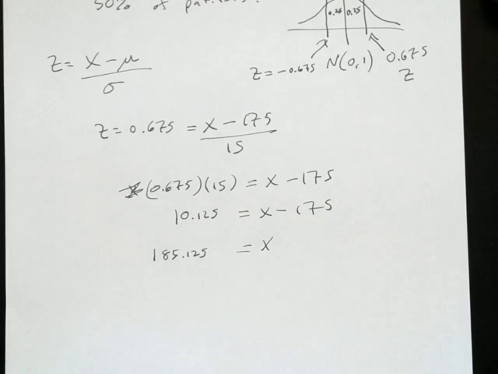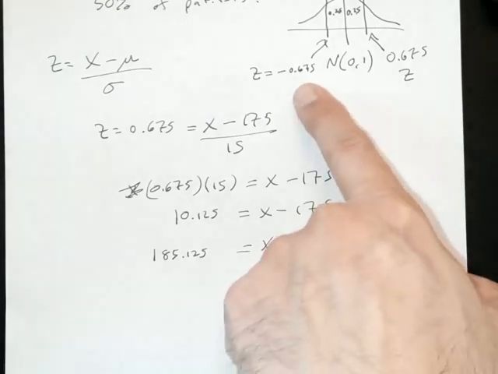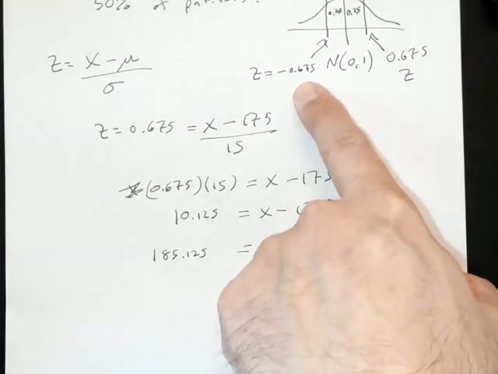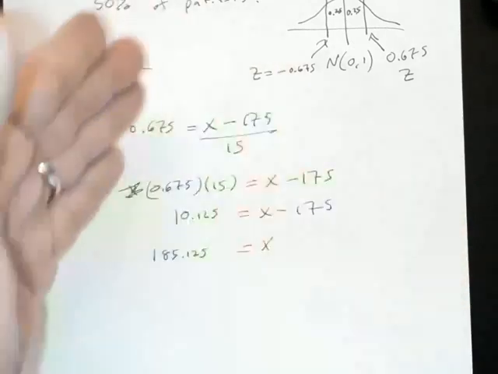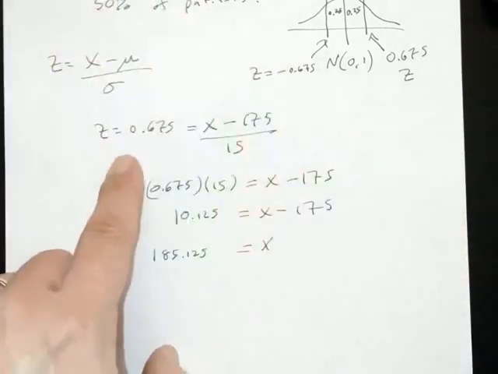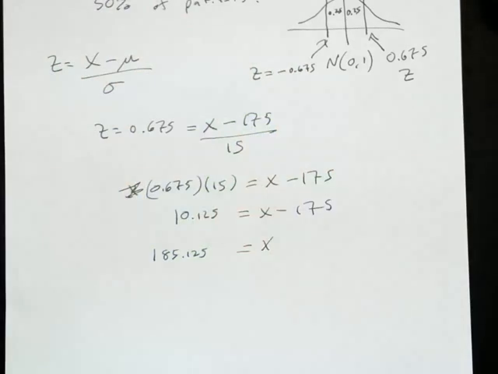I'm going to do the same calculation, only I'm going to use this z value. That means the only thing that changes is the left side of this part of the equation has a negative on it.